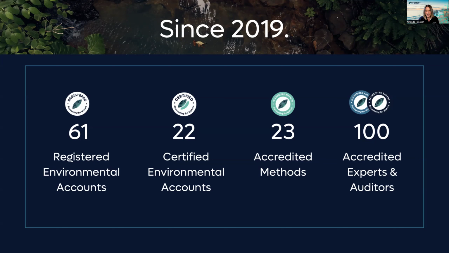We have accredited 23 different methods, and we're going to spend a little bit of time today talking about what a method is and how you go about selecting a method. And lastly, we have about 100 accredited experts and auditors. And towards the end, we're going to talk more in detail about what these are. But in essence, they're that community of practice who can help people or organizations set up environmental accounts or audit environmental accounts.